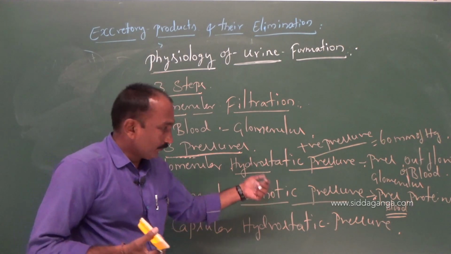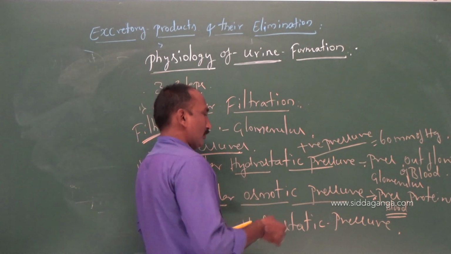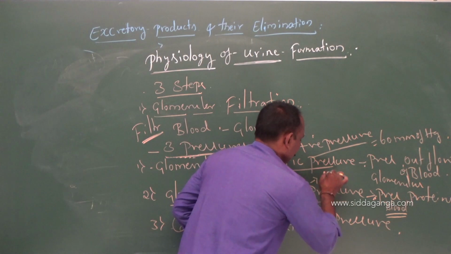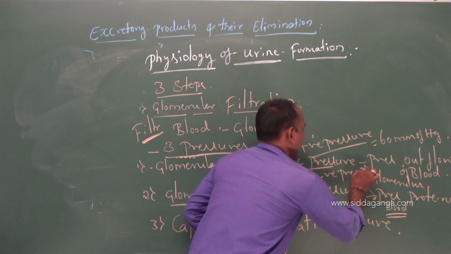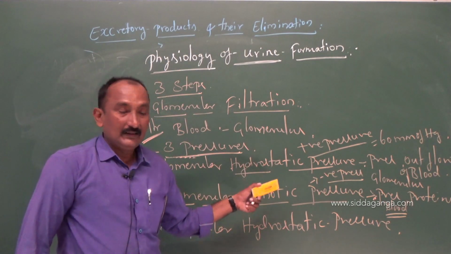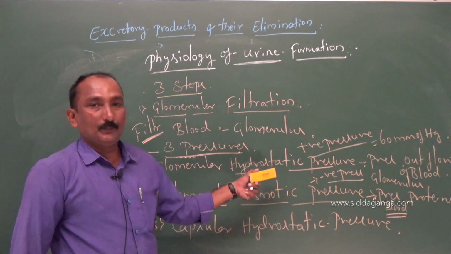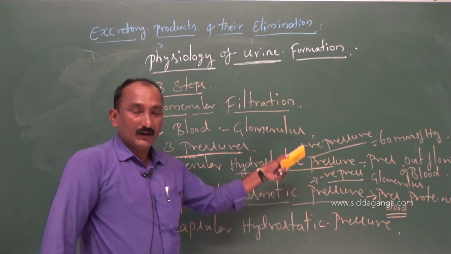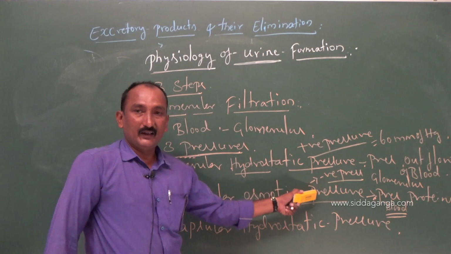Usually this glomerular osmotic pressure is the negative pressure. Why is it called a negative pressure? Because it does not support the filtration.